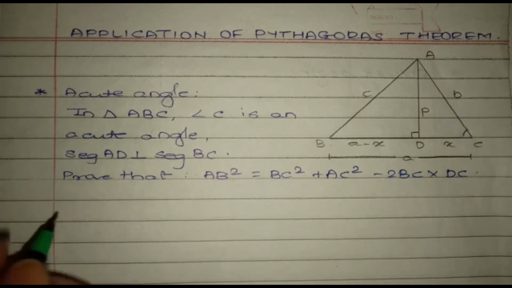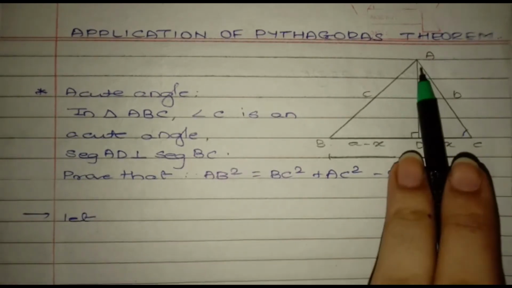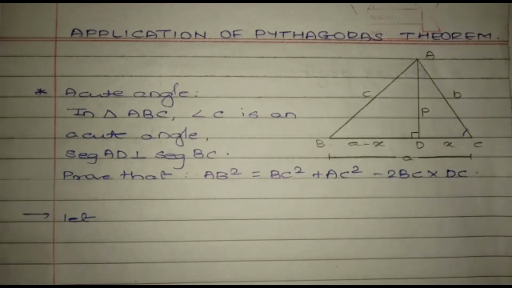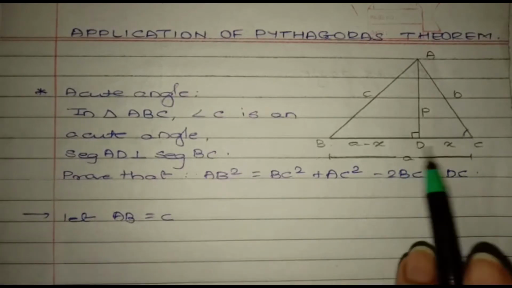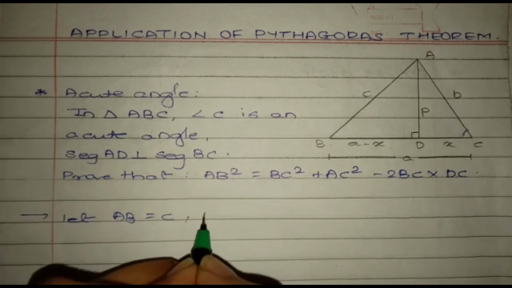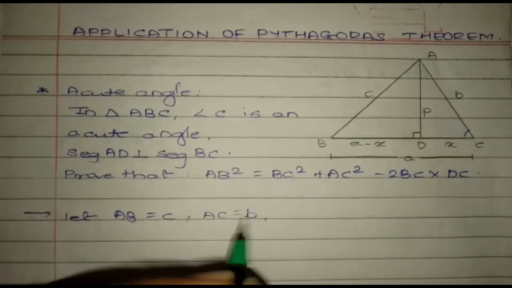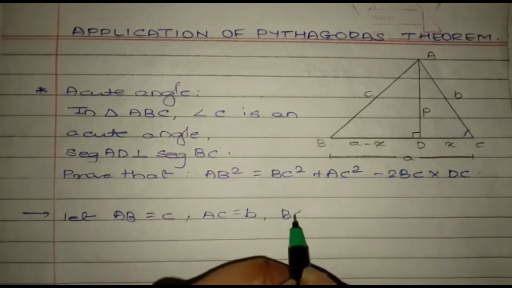So let us consider side AB as c. Let AB is equal to c. We are going to consider AC as b, so AC is equal to b. We are going to consider BC as a, so BC is equal to a.